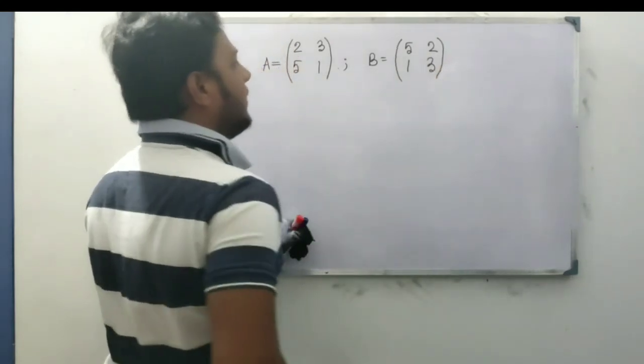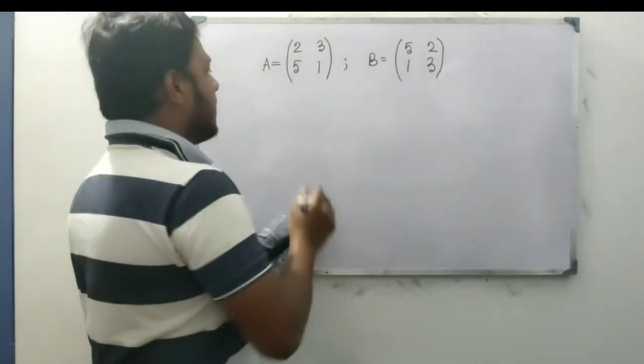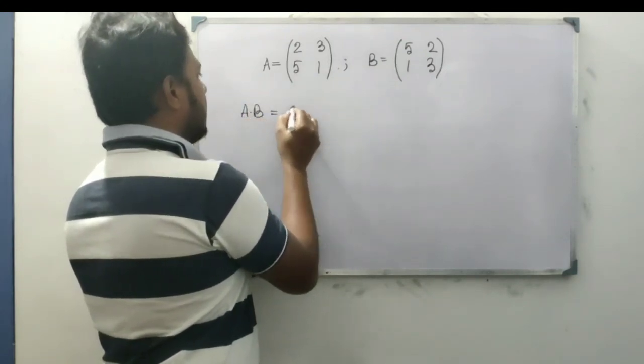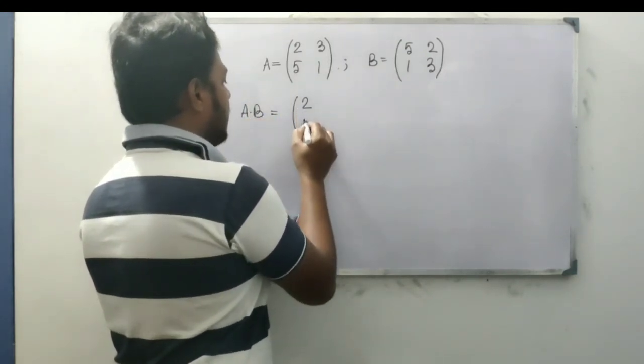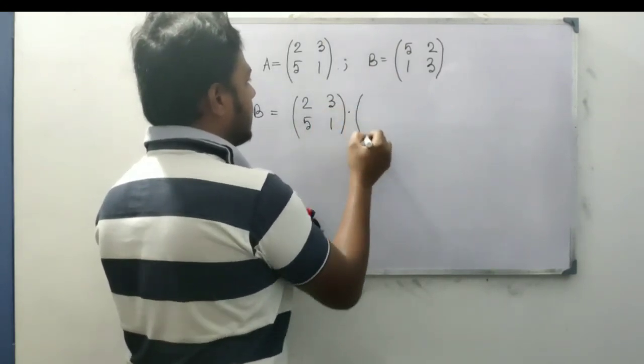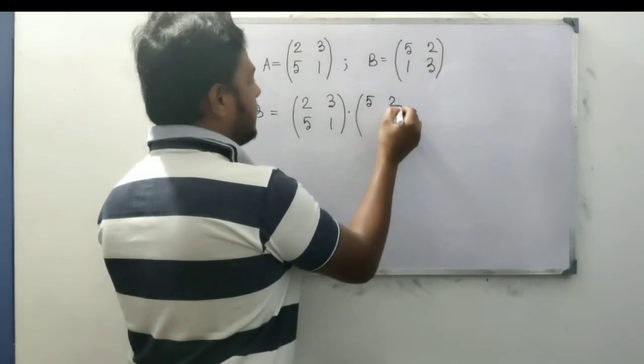Then the matrix multiplication of these two matrices, A dot B, is denoted by this and defined as follows: the first matrix 2 5, 3 1, dot the second matrix 5 2, 1 3.